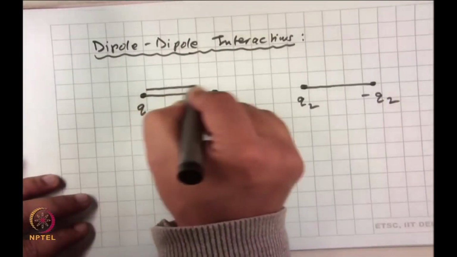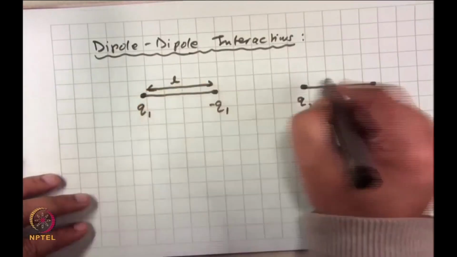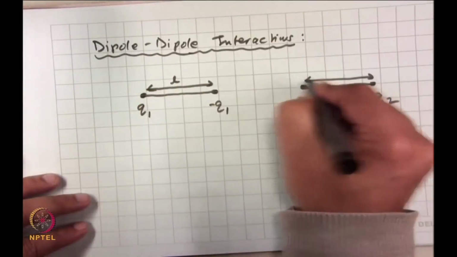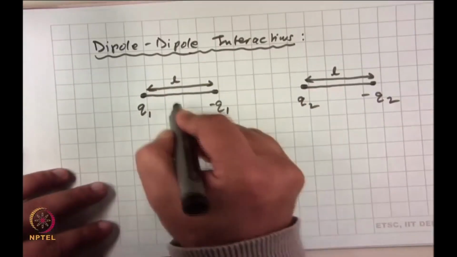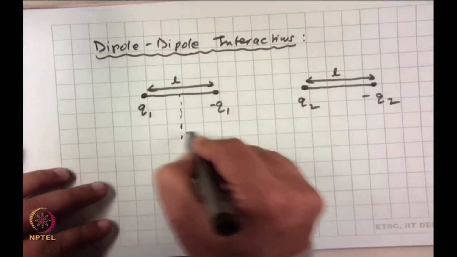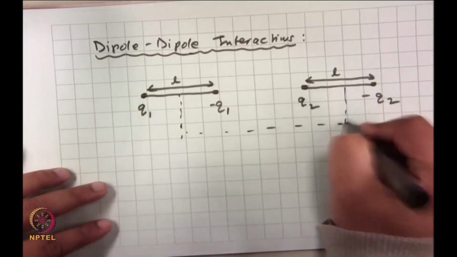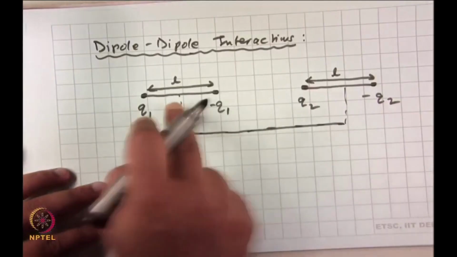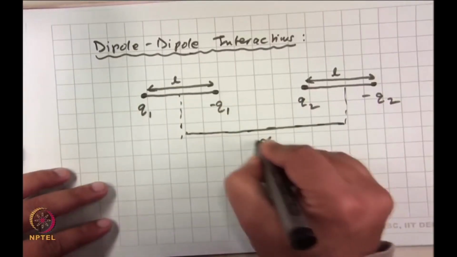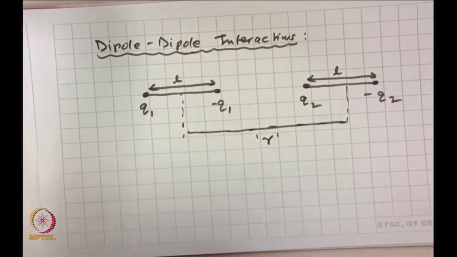Well, let this length be L, let the length of this dipole also be L, keeping things simple, and let the distance between the dipoles, from the middle of the two dipoles, be r, just like we described before.